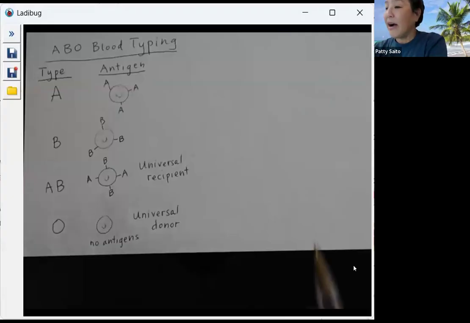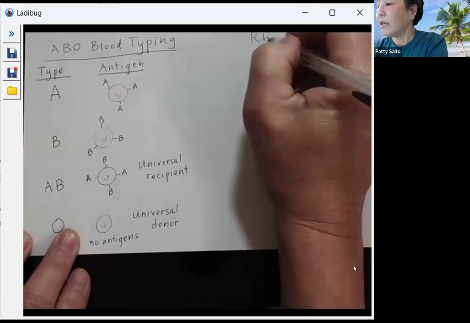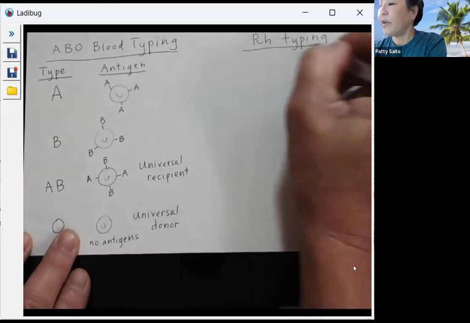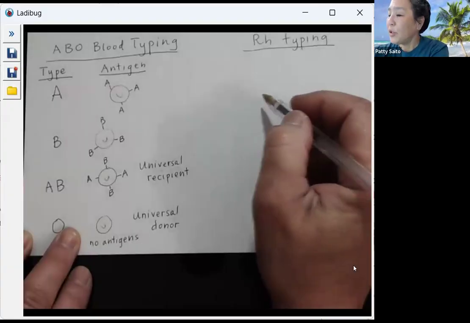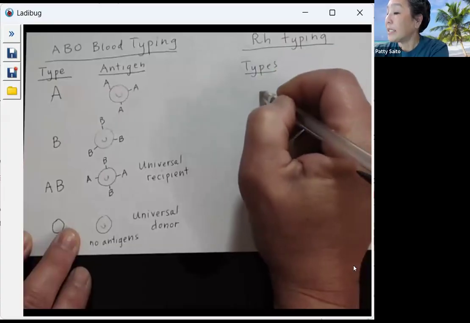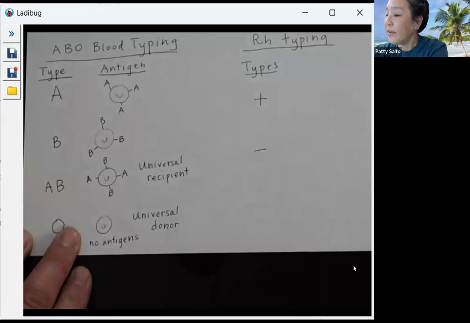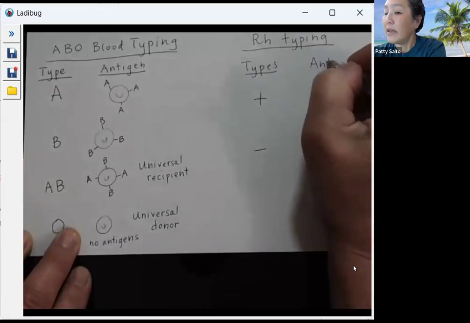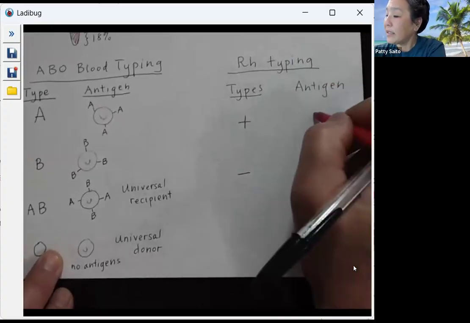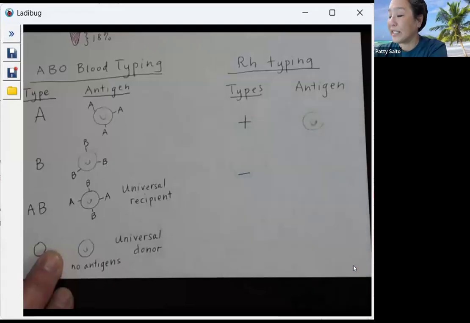All right. The other blood typing is Rh. It's just a different typing, and there's two types. There's a positive and a negative. Positive just means that on your red blood cells, you have a second, different antigen.